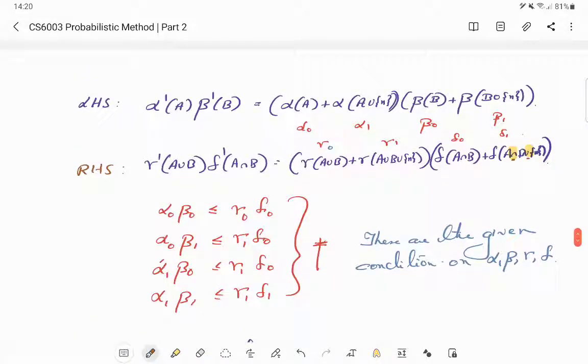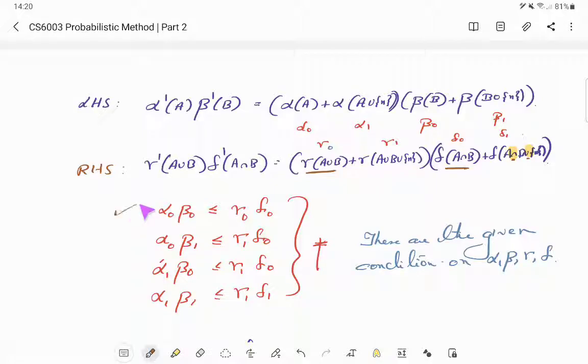But let us also see what the given conditions are, this term by term products. What can we say? We know that alpha, beta, gamma and delta satisfy the conditions for the four functions theorem, which means if you consider alpha of A times beta of B, which is alpha 0 times beta 0, it is at most gamma of A union B times delta of A intersection B. That is gamma 0, delta 0, by the names we have assigned to them.